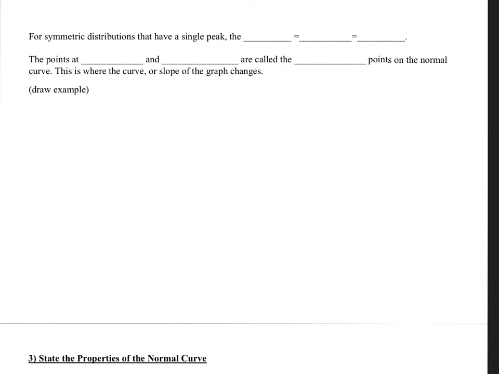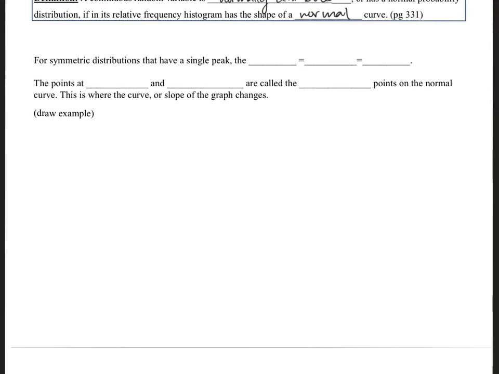Also, for symmetric distributions that have a single peak, what do I mean? Well, when we're talking about a single peak like this versus something that might look something like that, we're now looking at the single peak variety. What do we know? Well, the median, mean, and mode are going to be equal.